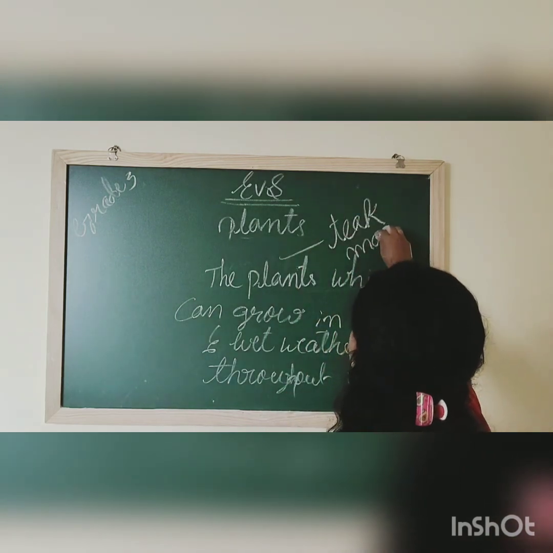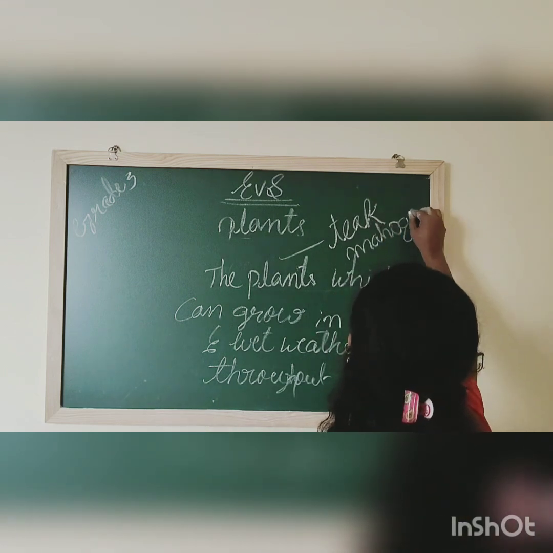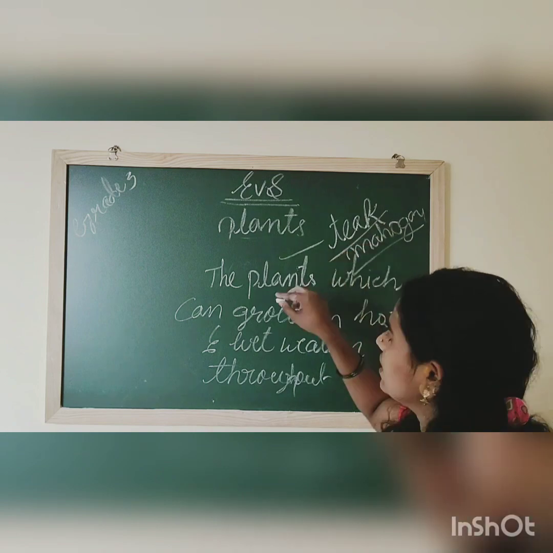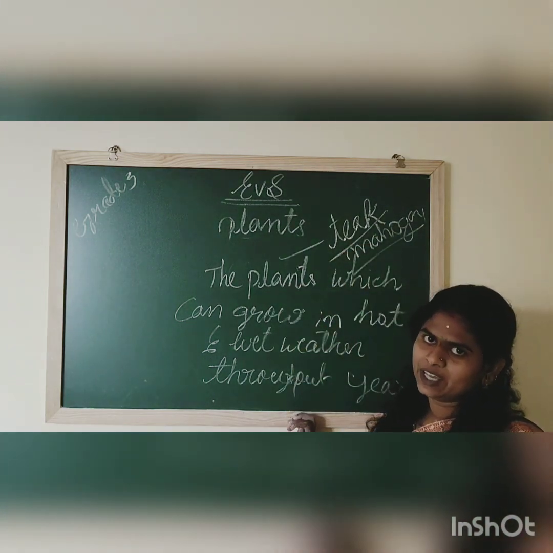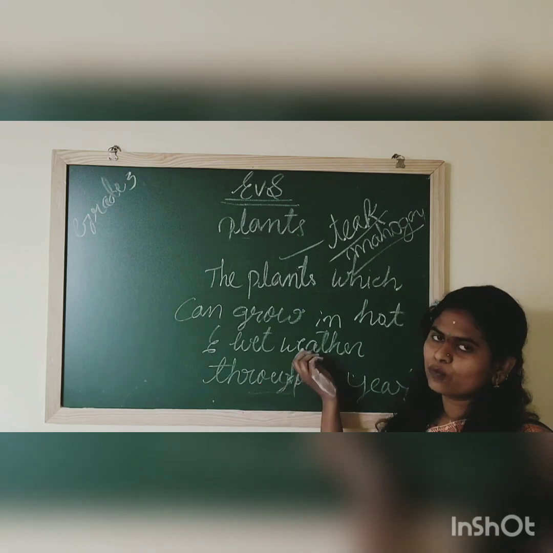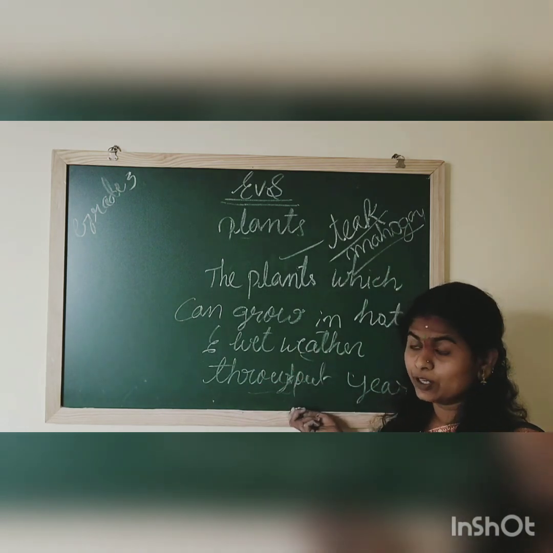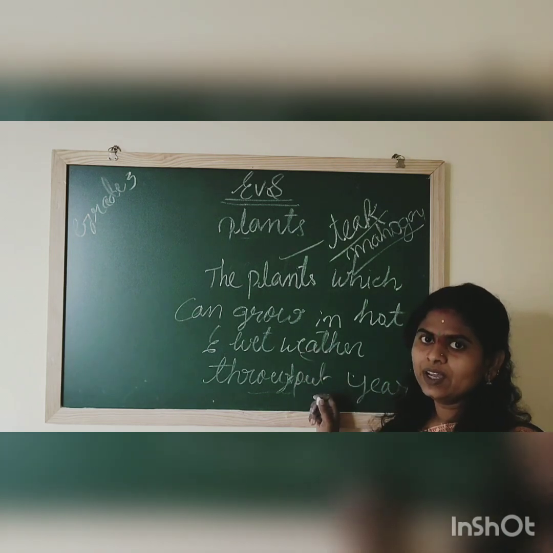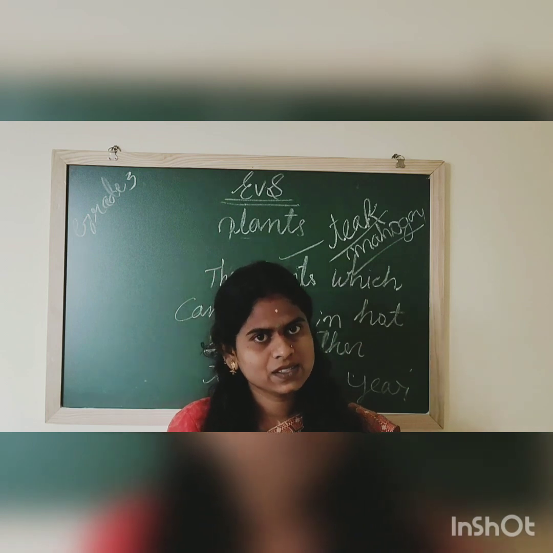Okay? Teak and mahogany. Mahogany and teak are the kinds of plants which grow where? They grow in both hot and wet conditions. Throughout the year they are able to grow. Okay. So this is about the climate of plants.